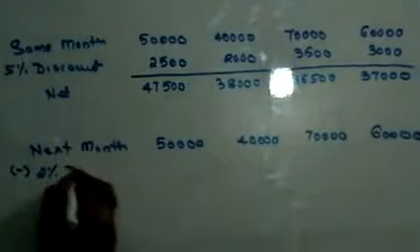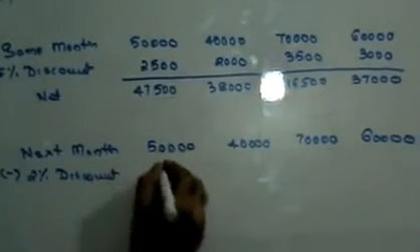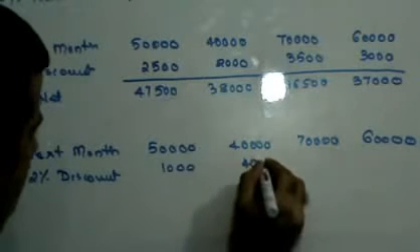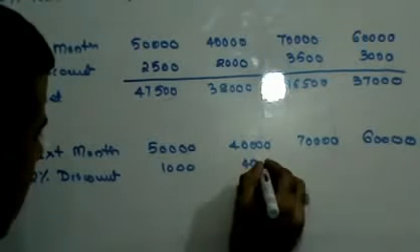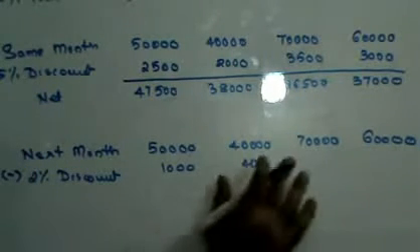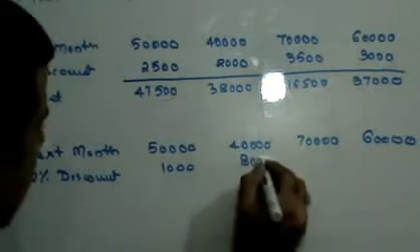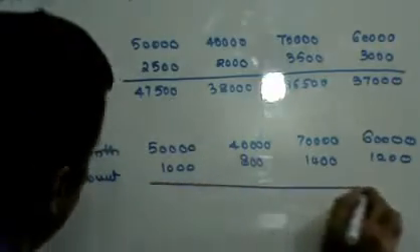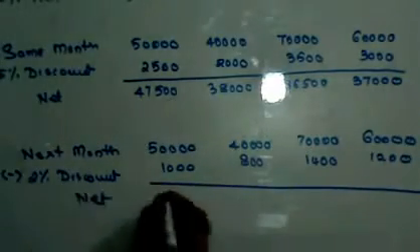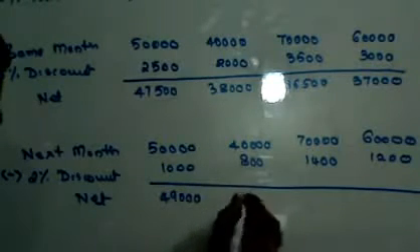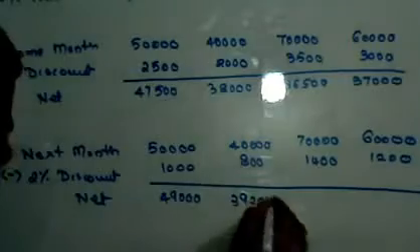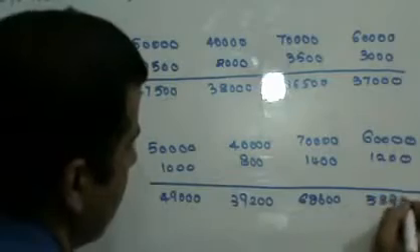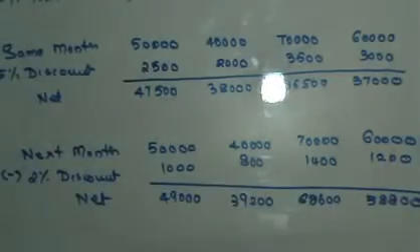Less 2% discount: 1,000, 800, 1,400, 1,200. So net amount is going to be 49,000, 39,200, 68,600, 58,800. Right? Okay, that's it.